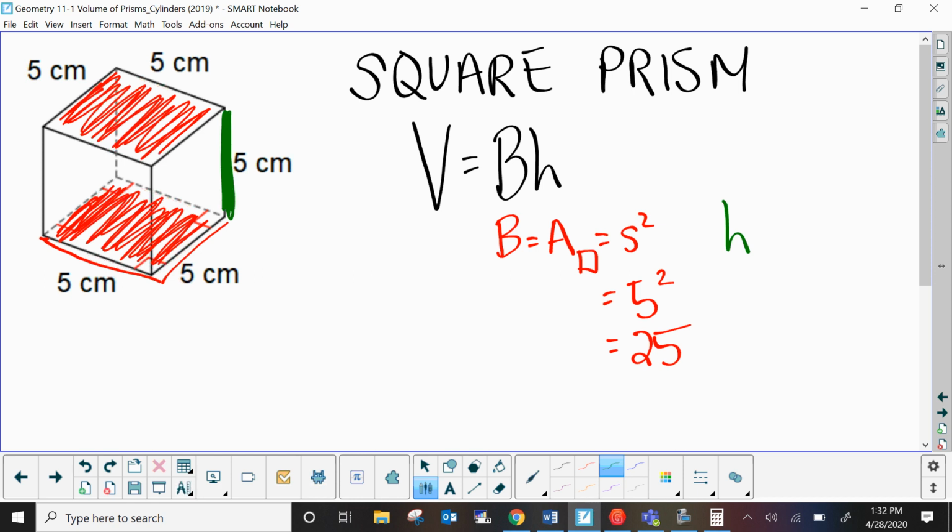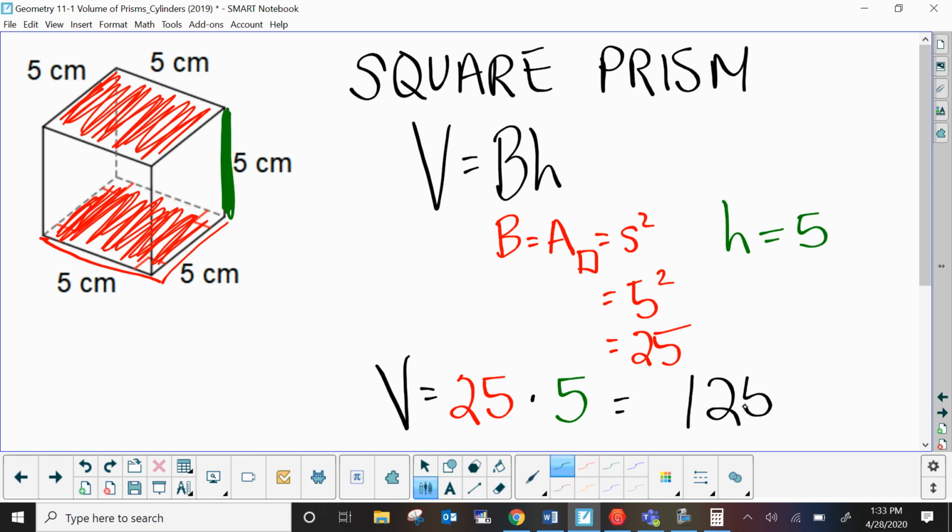The distance between those bases is that, so the height is 5. So the volume is equal to capital B, which we found to be 25, times the height, which is 5. And 25 times 5 is 125. And remember, volume is units cubed.